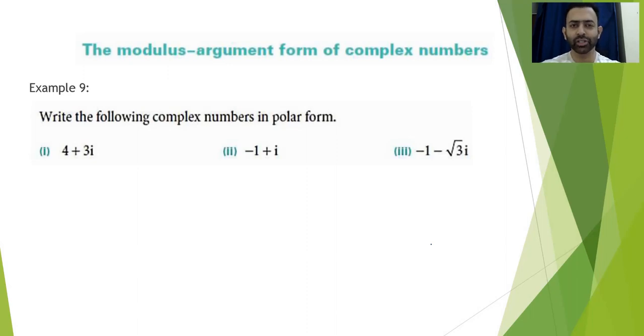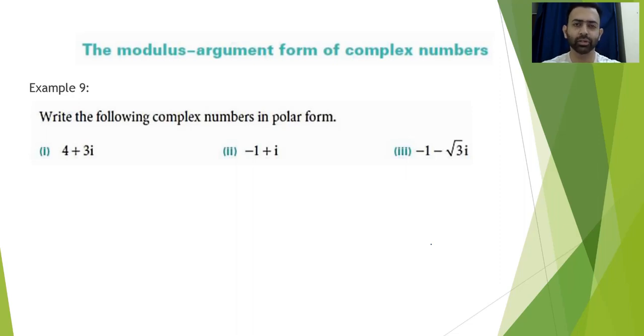We are doing the last chapter, which is complex numbers, and the previous video was about the modulus argument form of a complex number, which is given in the form of a plus ib, right? And we did how to convert this a plus ib form into modulus argument form.